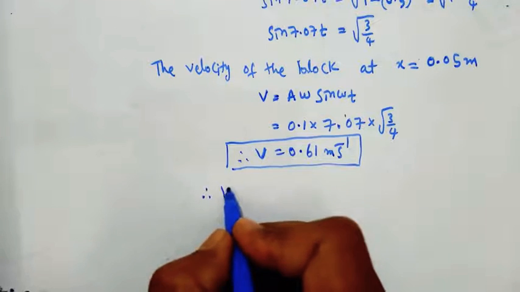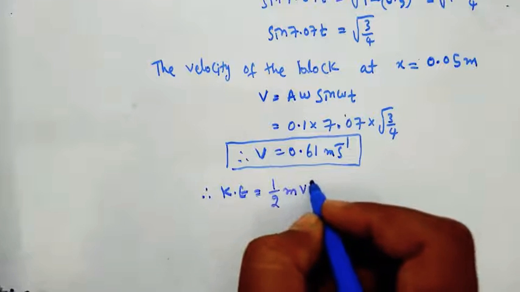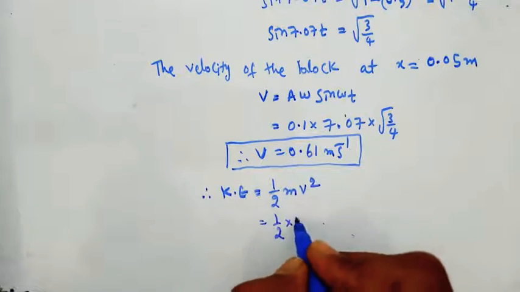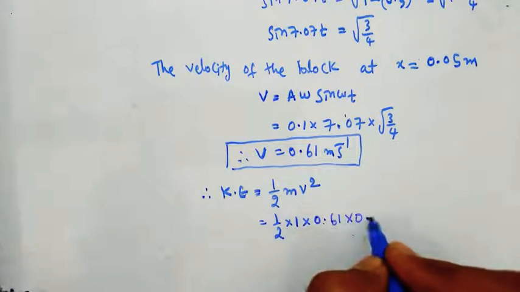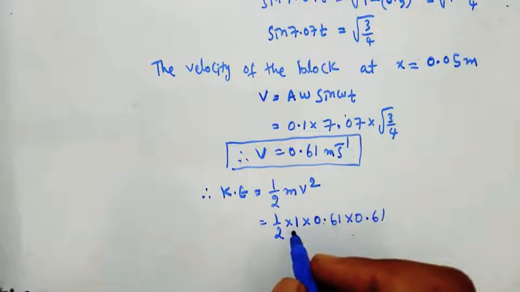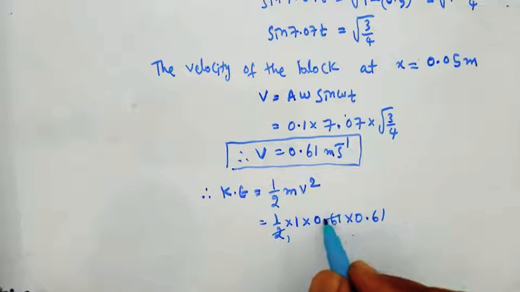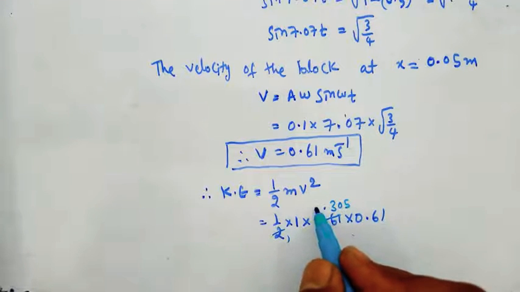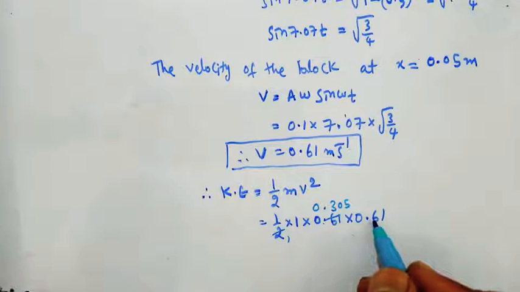Now we have to find the kinetic energy of the block. So kinetic energy is half m v square. So half, the mass of the block is 1, and the velocity is 0.61 into 0.61. So half is 0.305, into 0.61.